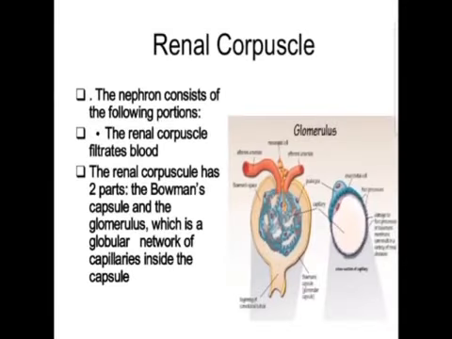The renal corpuscles are spherical bodies ranging from 200 to 250 microns in diameter. Each of them has a vascular pole where the afferent arteriole enters and the efferent arteriole leaves, and a urinary pole where the proximal convoluted tubule begins.